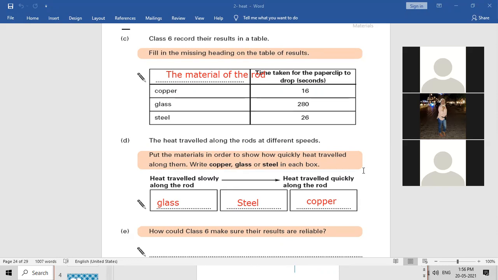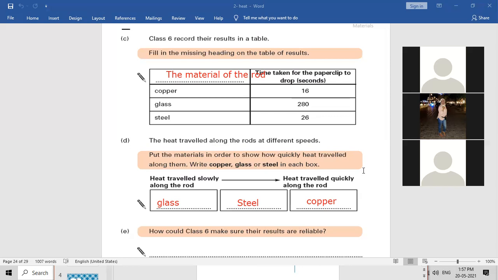Yes, Mira, do you want to say something? Yes, I just wanted to answer it. Okay, answer it. By measuring the time. No, dear. They can make sure of the results by repeating the test several times.